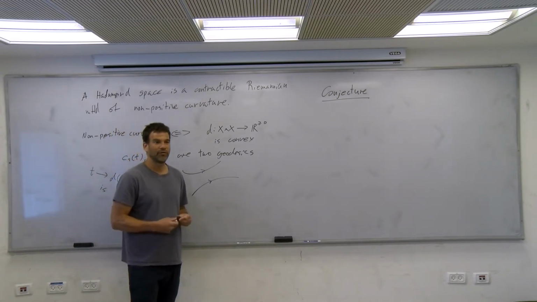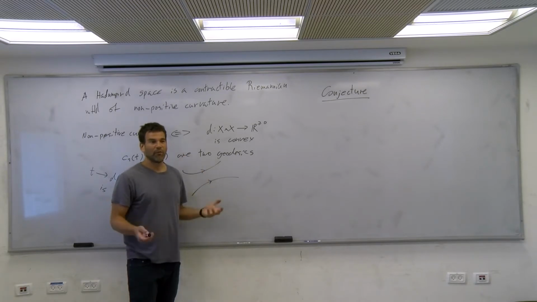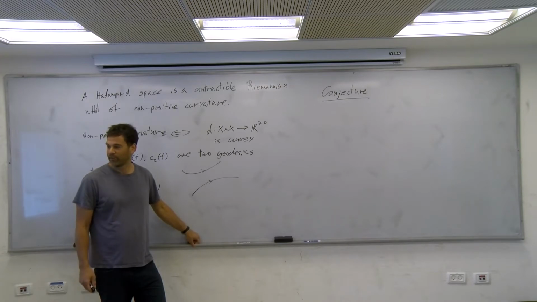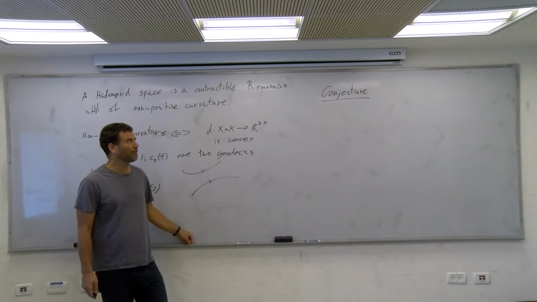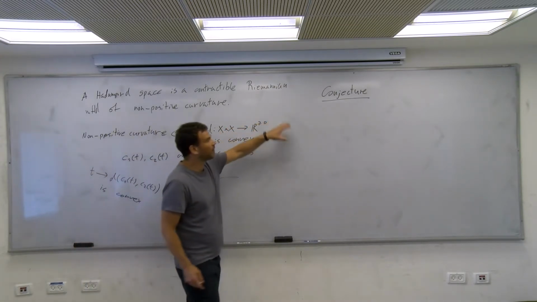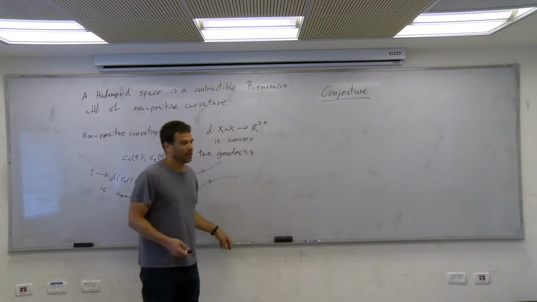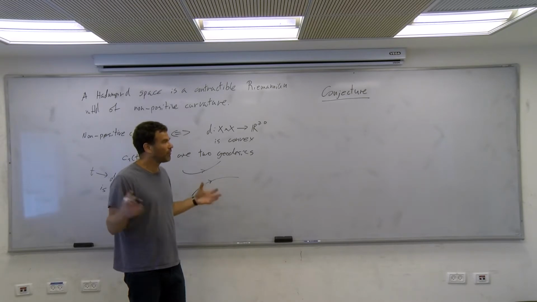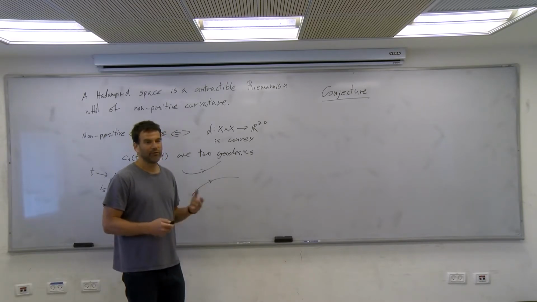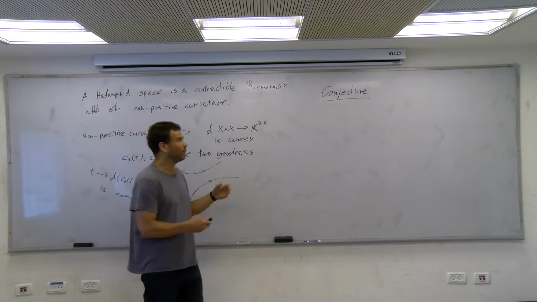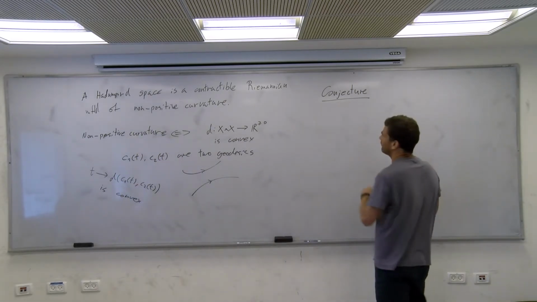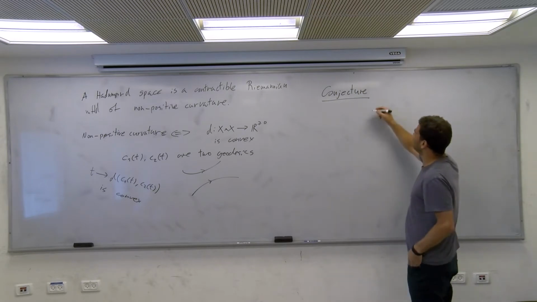If we only know the volume, what does it say about the manifold? What restriction does it give? This conjecture doesn't summarize everything we want to say about the manifold, but a lot of it.